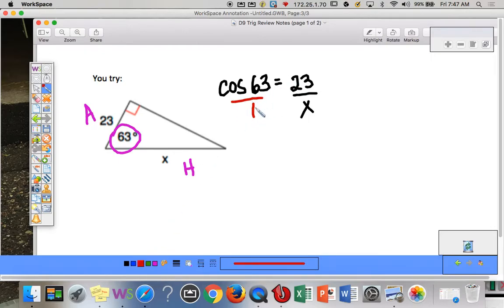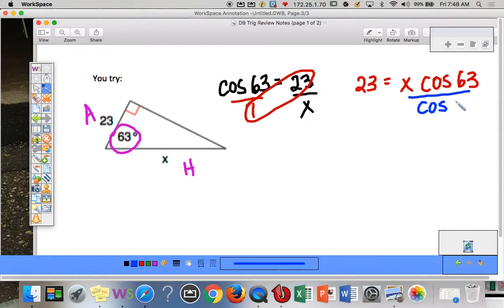Here we cross multiply and solve. So we have 23 equals x times the cosine of 63. To get rid of the cosine of 63, we are going to divide. Then we can type that in our calculator.